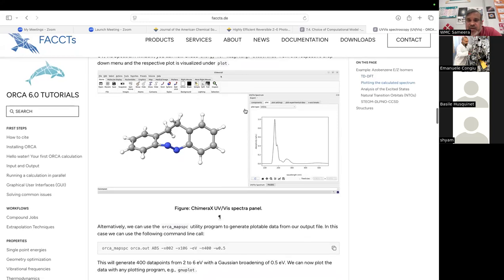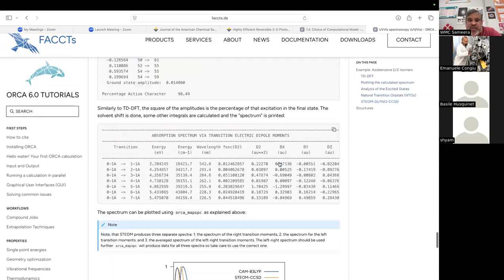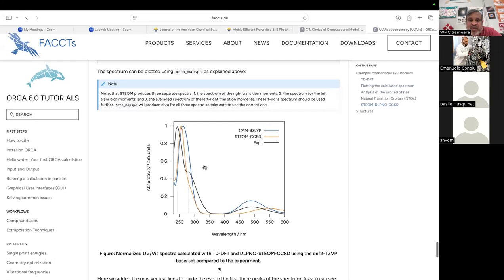And then you can simulate the spectrum, and compare the simulated spectrum with this, the experimental spectrum in black, and the computed one in blue. So you can see the agreement is qualitatively good. Here you can see a shift of the peak.